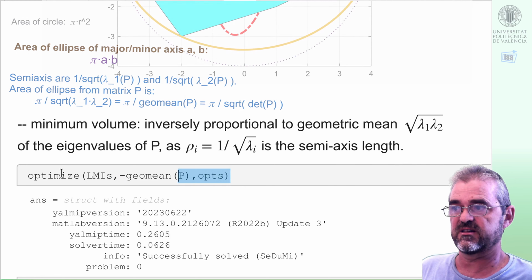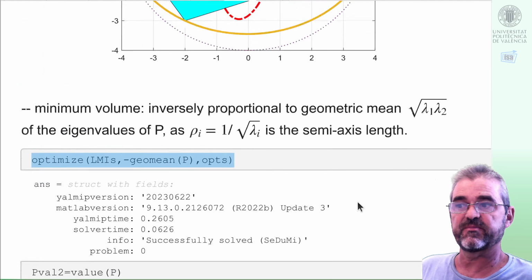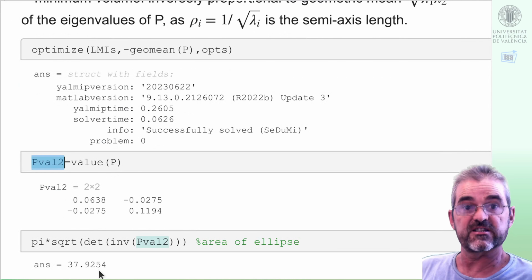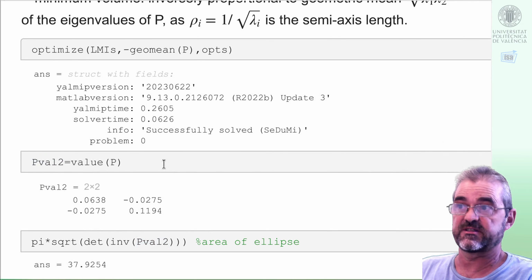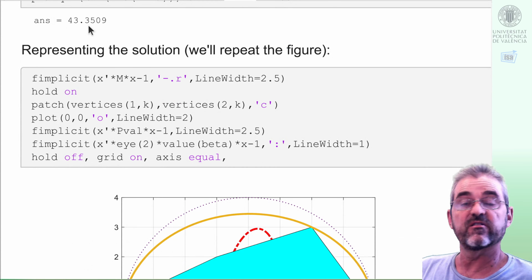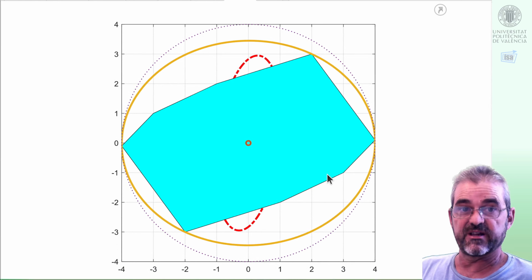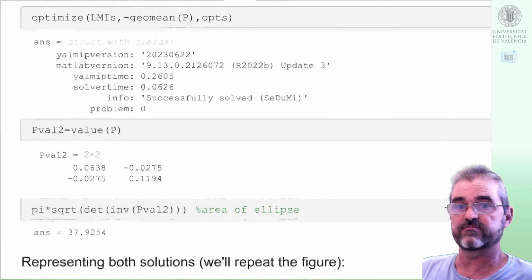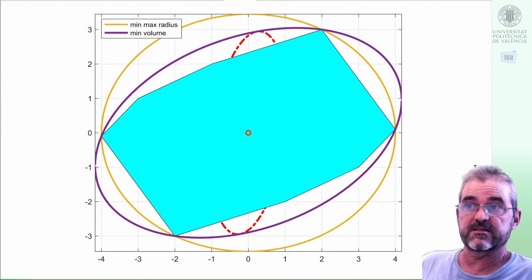So this is it. This new execution of optimize gives me a different solution that I labeled with pval2, and that solution has a volume of 37.9, which is lower, of course, it's the optimal area, compared to the area of 43.35 units that my minimum radius stuff obtained. So there is an ellipse with lower volume, and if we superimpose the two solutions, then we get this.